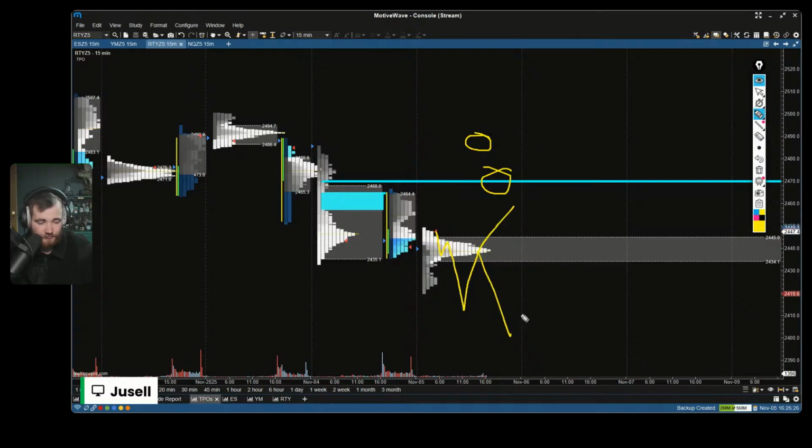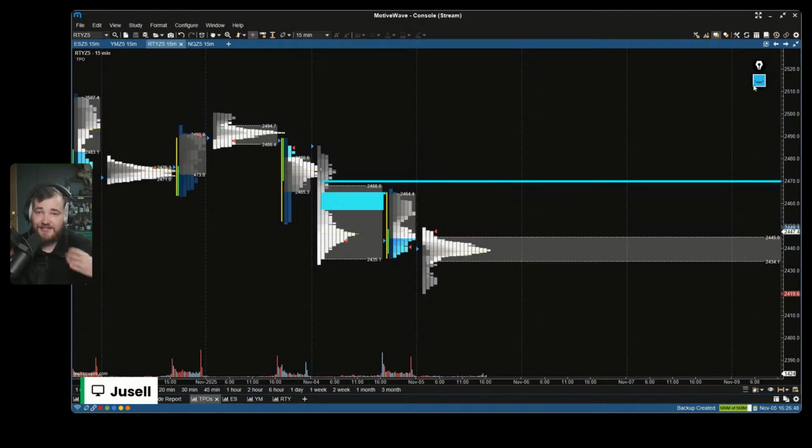So this is like 2.1, and then we have 2.2. Both of these scenarios are possible, but I'm only going to trade towards the short side on RTY. I'm only going to trade towards today's or yesterday's previous close. That's just my rule per se. But these are the scenarios that I'm seeing for every market.